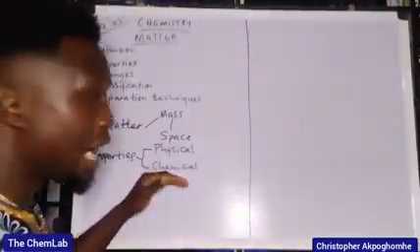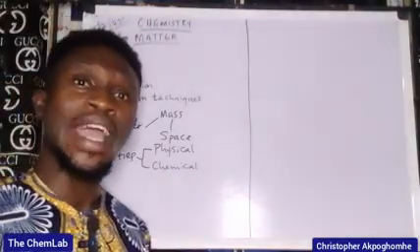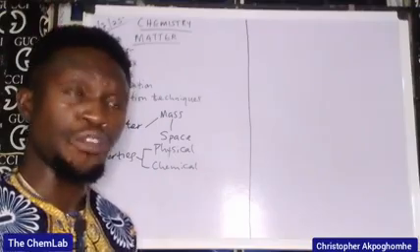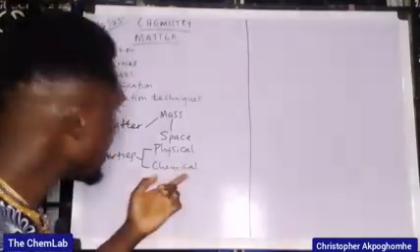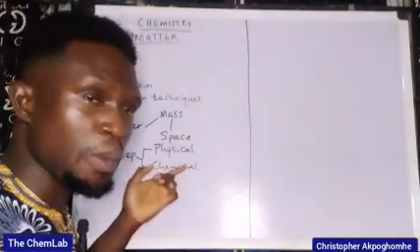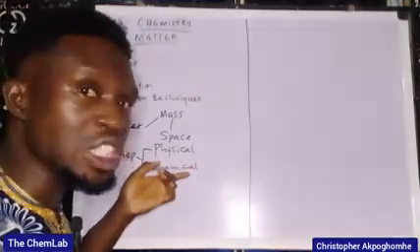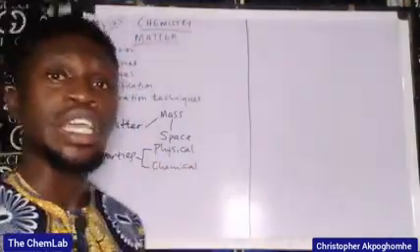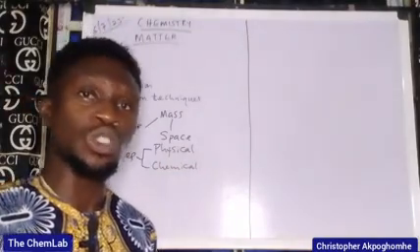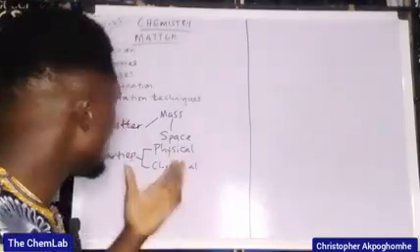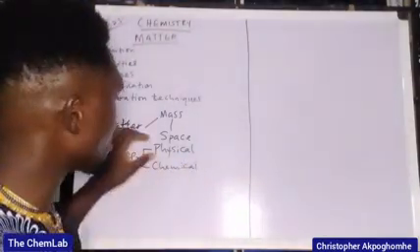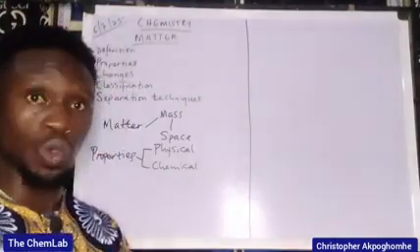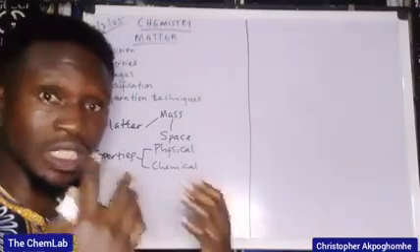Chemical properties require matter to go through some reaction before we can actually notice them. But for physical properties, we do not necessarily need to take matter through any form of reaction before we can see them. The physical properties are obvious, they are visible to our naked eyes.